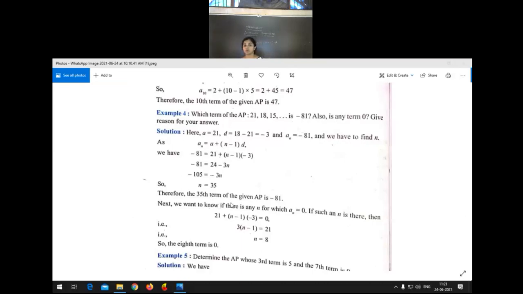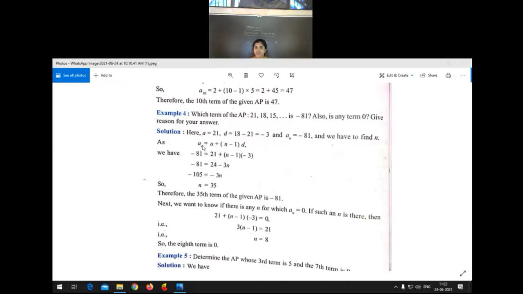Next, we want to know if there is any n for which a n is equal to 0. Just as a n became minus 81 for the 35th term, will a n be 0? That we have to check. How can we check? If such an n is there, a plus n minus 1 into d, a n is equal to 0 we need. So again we have to use this relationship only. a n is equal to a plus n minus 1 into d.